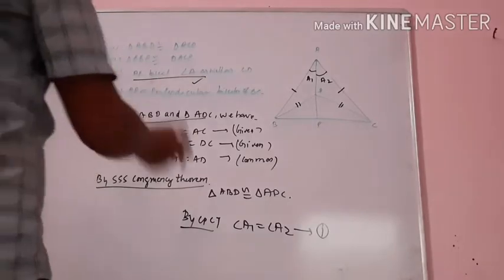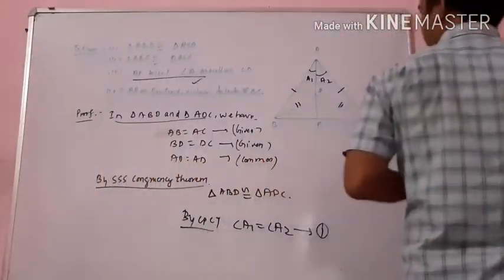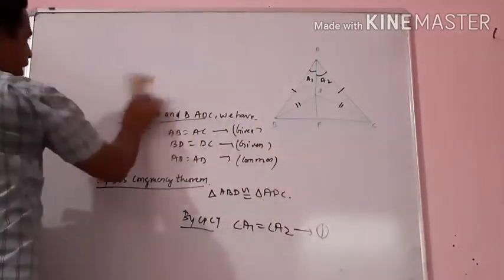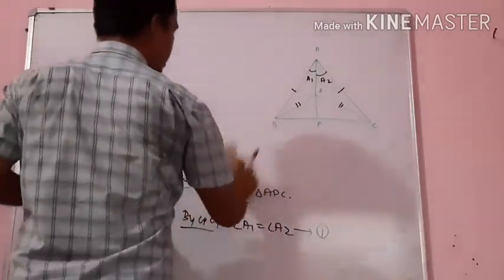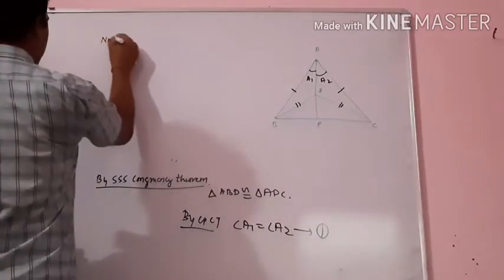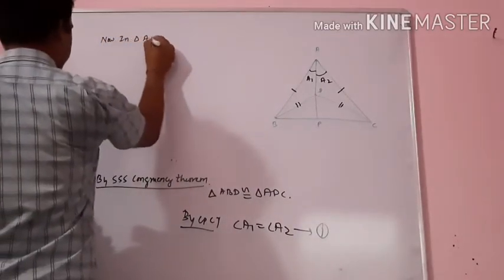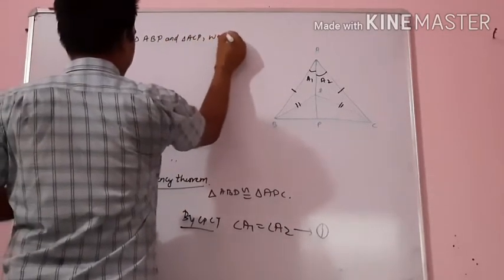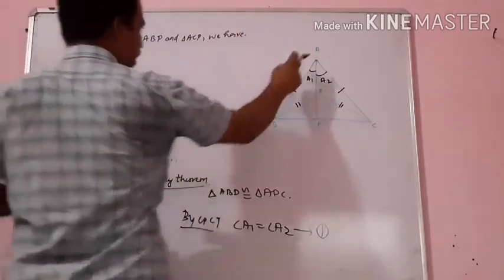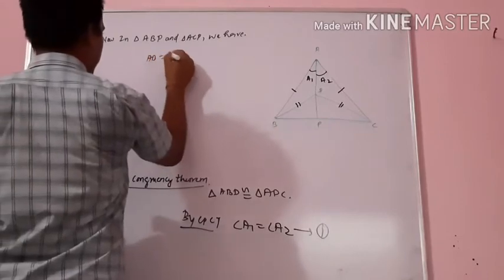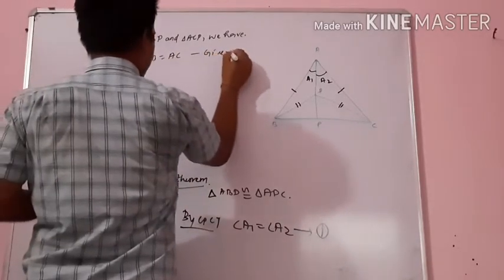Now we have to prove the second part, that triangle ABP is congruent to triangle ACP. So for that you see, in triangle ABP and triangle ACP we have AB equals AC, given.